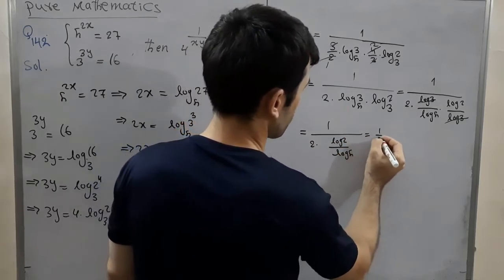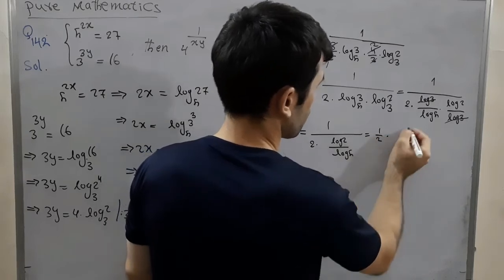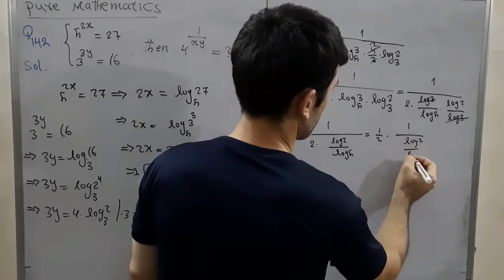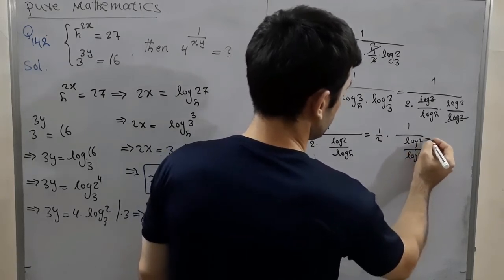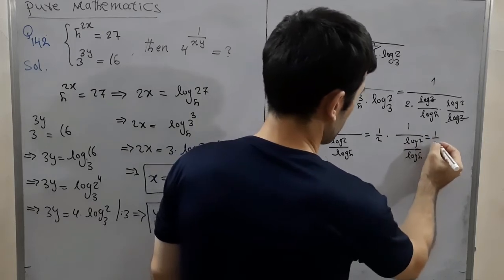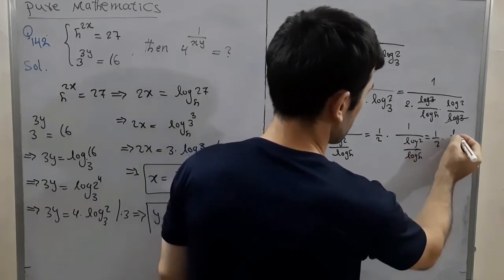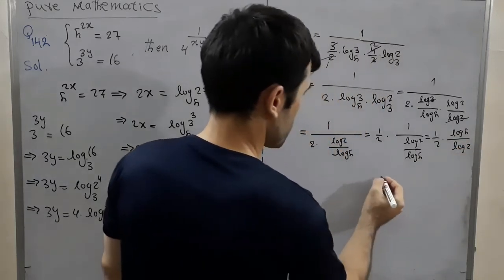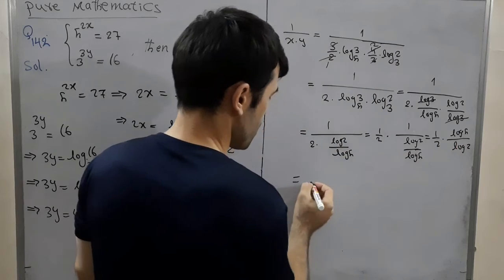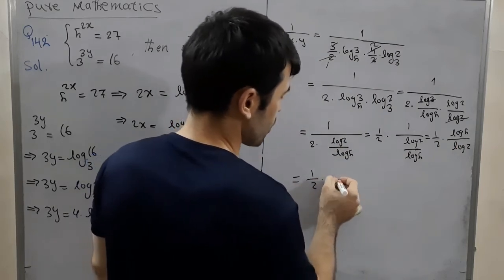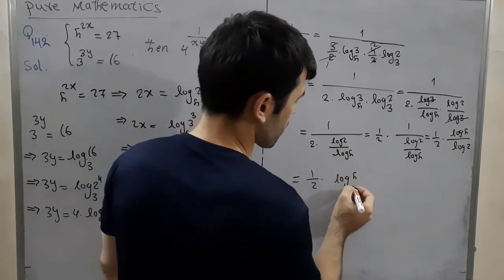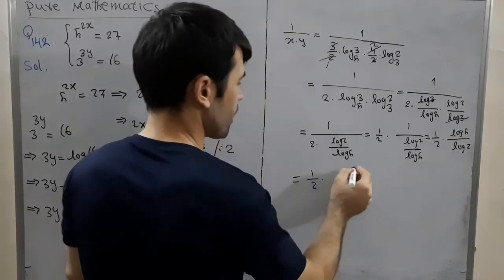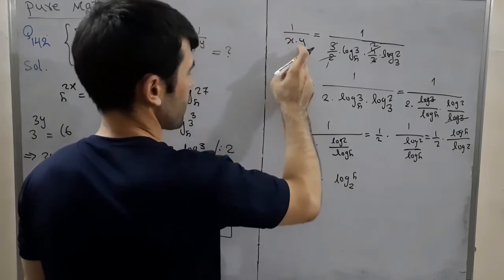It is equal to 1 over 2 into 1 over log 2 over log 5. It is equal to 1 over 2 into log 5 over log 2. It is equal to 1 over 2 into log of 5 with the base of 2. Actually it is the value of 1 over xy.